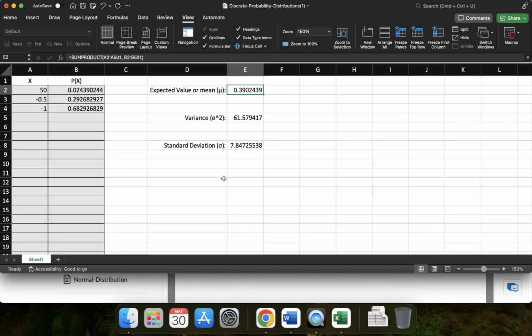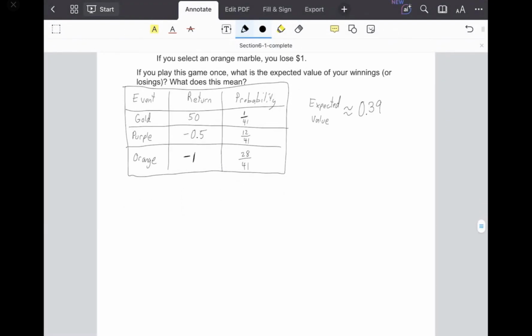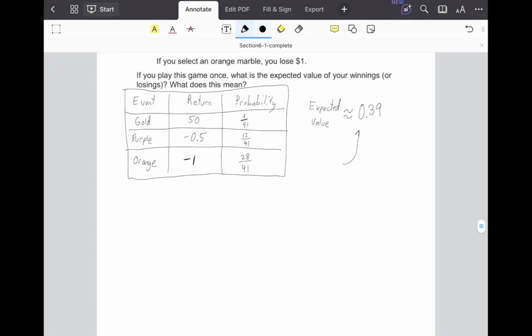Okay, so if we go back to the notes, our expected value is 39 cents, which is positive, which means in the long run, we'd earn money.